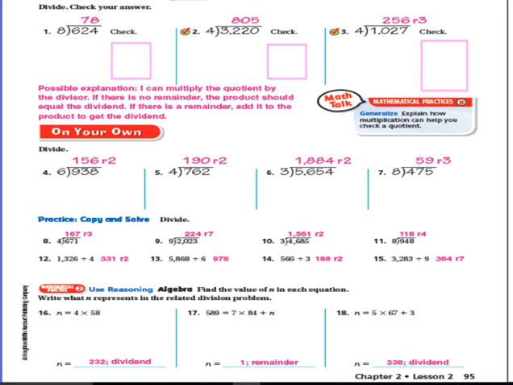So now I would like you to do 2 and 3. Show your work, please, like we just did. Plus I want you to check your work. I want to see the check. If you need to get out another piece of paper, that is just fine with me. I would like you to do 1 from this section.